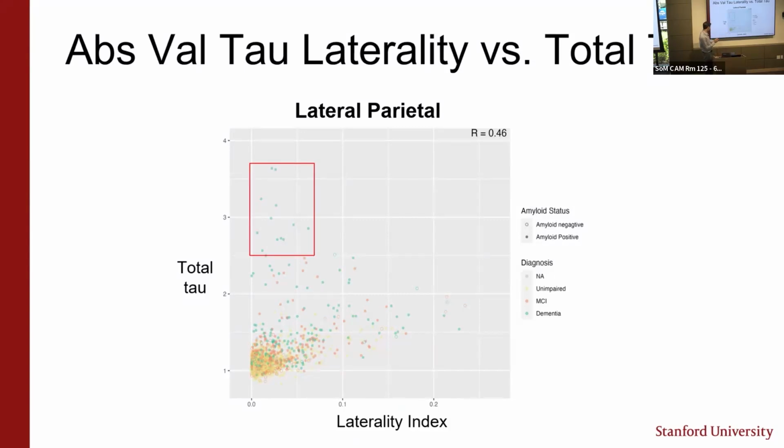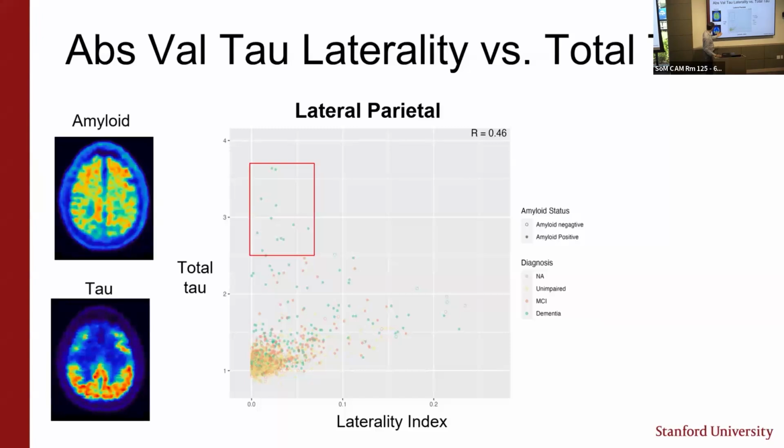So there's a lot of individuals with a lot of total tau and not a lot of laterality. And if you note, they almost all have dementia, they're all green, and they all have positive filled-in circles, which means they're amyloid positive. If you look at their actual images, they all have amyloid all over their brain, and their tau signal is fairly symmetric.